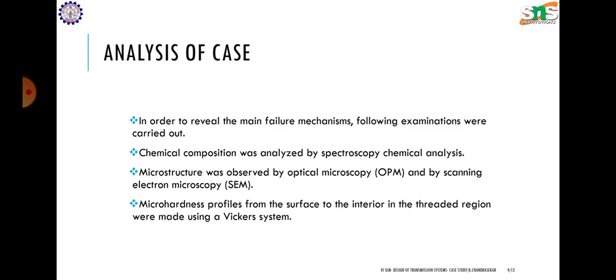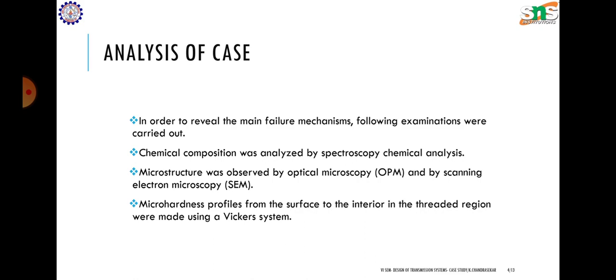Then microhardness profiles from the surface to the interior of the threaded region were made using a Vickers system with a load of 1000 grams, that is 1 kg.